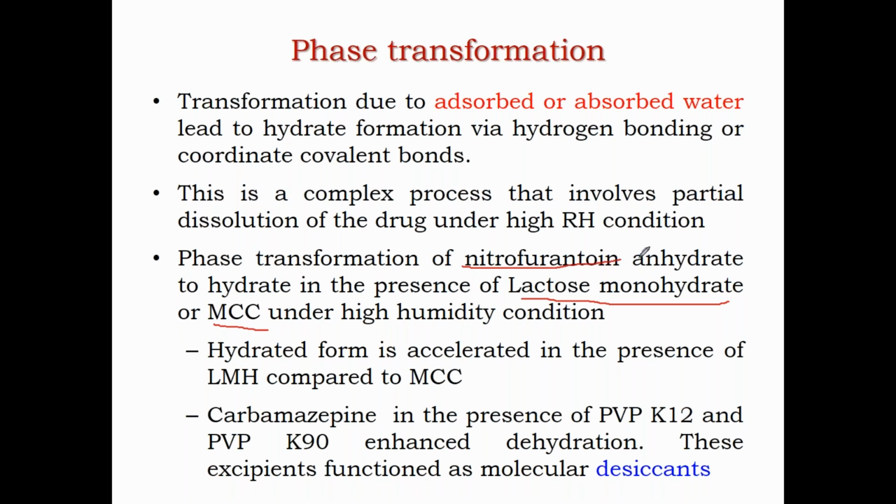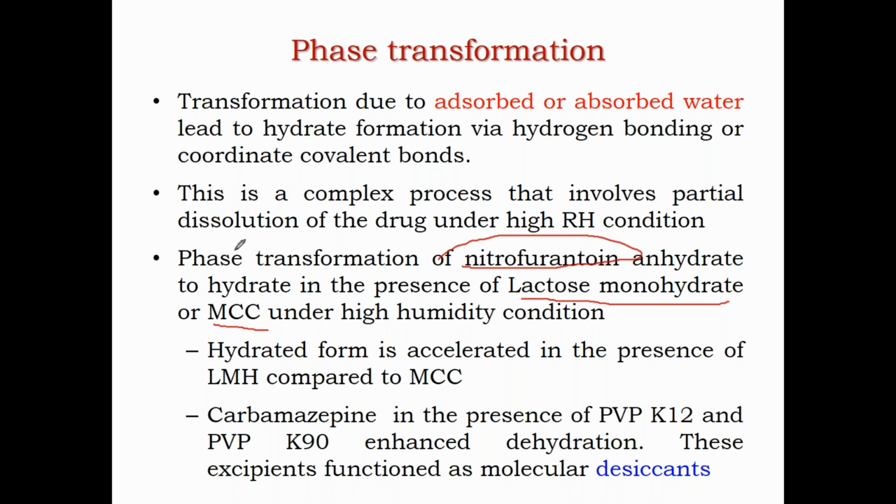Here, nitrofurantoin is the drug and lactose monohydrate or MCC is the excipient. Whatever nitrofurantoin was added in the beginning during the manufacturing process, the lactose monohydrate was added as an excipient, and MCC, microcrystalline cellulose, as a superdisintegrant or diluent.